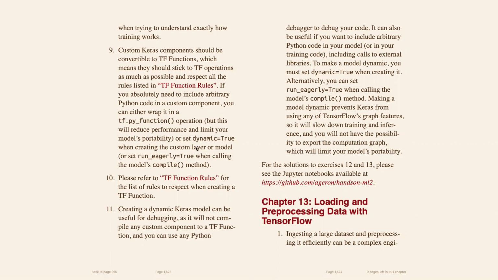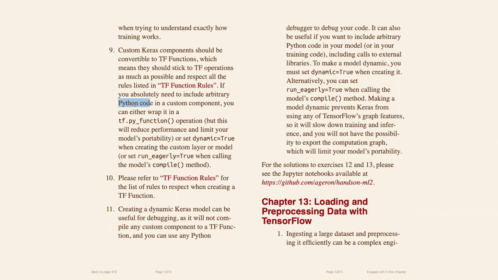So it's more or less telling us what you should do if you try to create arbitrary Python code rather than decorating it with a TF function. So I think if you create a custom layer, custom loss, or custom metric, they will be automatically converted to TF functions.